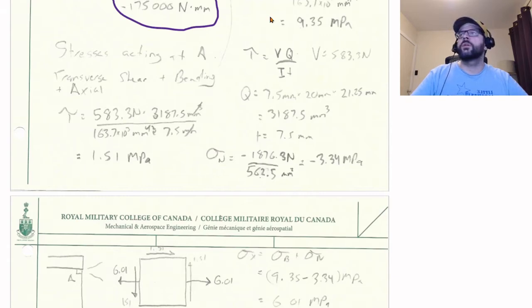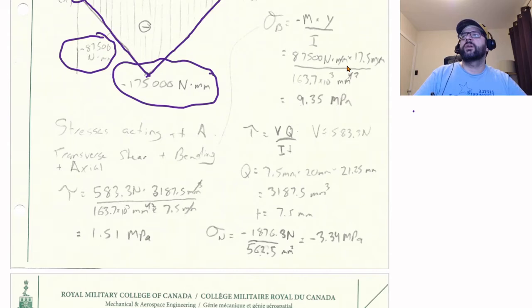So based upon that, canceling out our units properly, we've got 2 millimeters on the top that cancel out all but 2 of the millimeters on the bottom, leaving us with newtons per millimeter squared, which is a megapascal. So plug those numbers in, and we end up getting 9.35 megapascals.